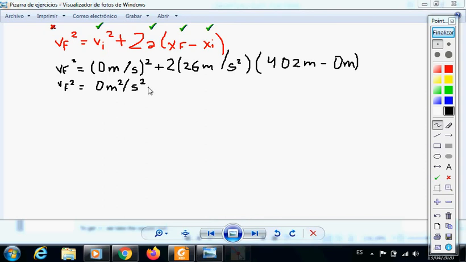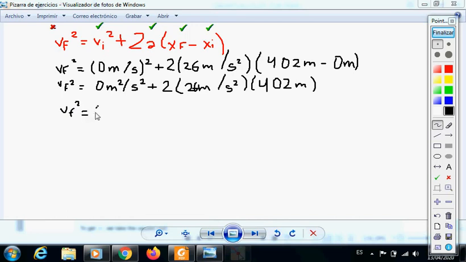Plus 2 times 26 meters per square second. Oh, I forgot a 6. There it is. Times 402 meters. Right, so let's see, and we have to be very careful about the units.